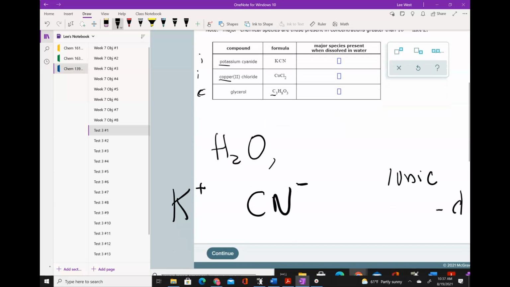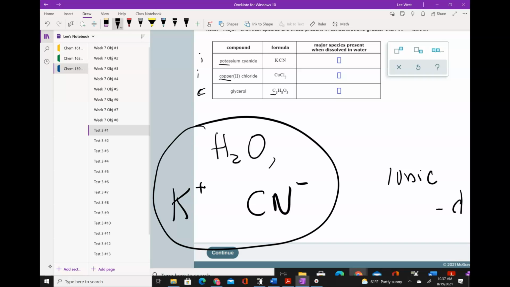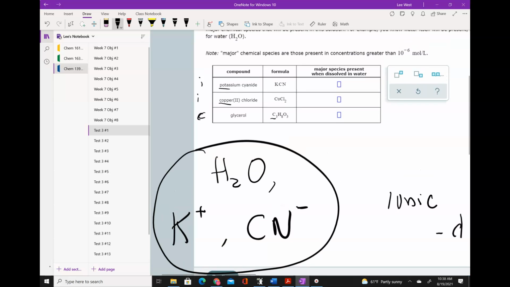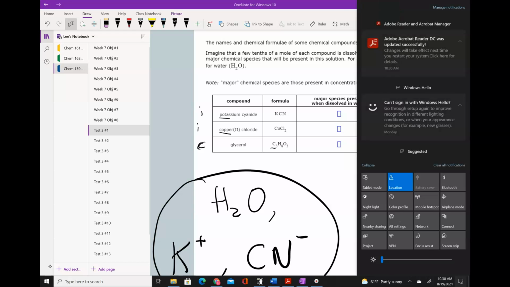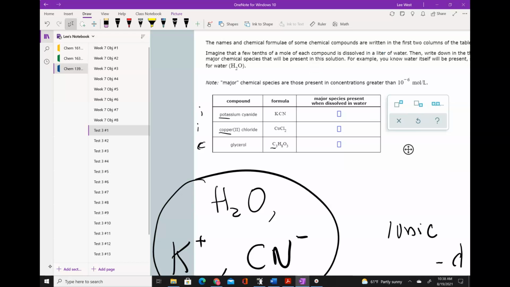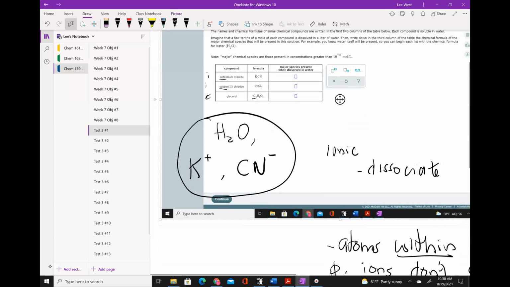So I can look up the charge and formula for the cyanide anion if I want, but there's no need to. So for the first one, those are the three major species. I'm asked to put them in separated by commas. So that's it, all right? So there we go. So yeah, I think we've got that one worked out.